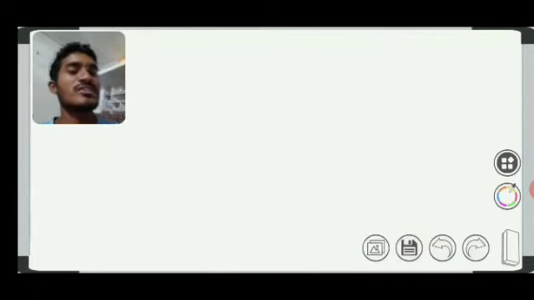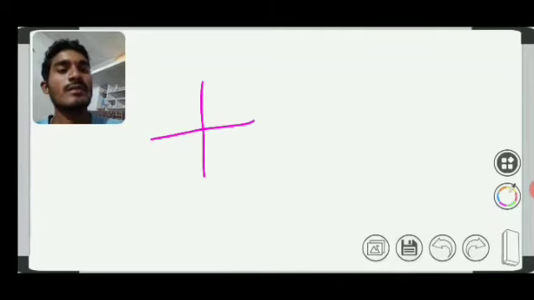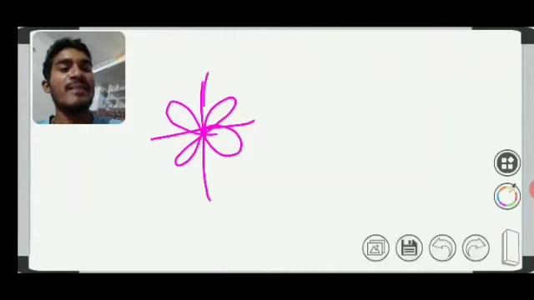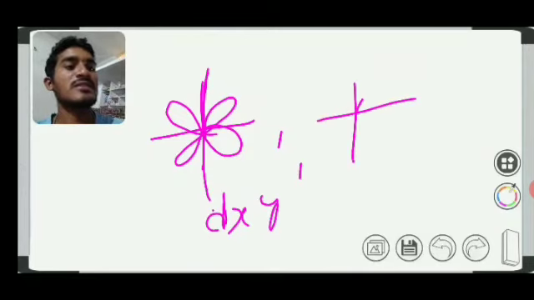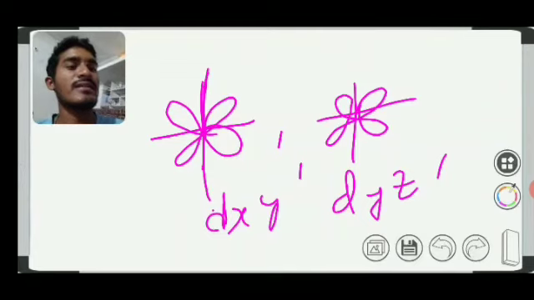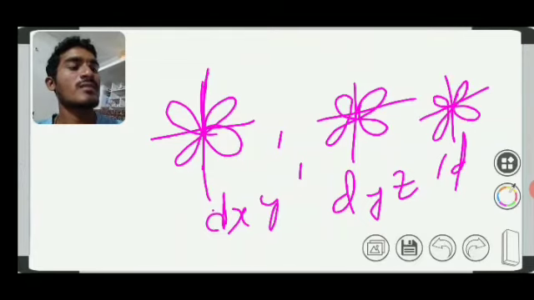Now we draw the structure of these 5. Here the orbital is located between the planes, this is dxy, and this is also the same, dyz, and next this is also the same, dzx.